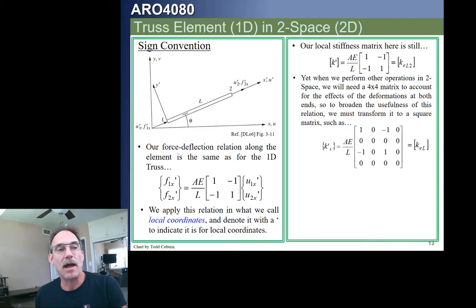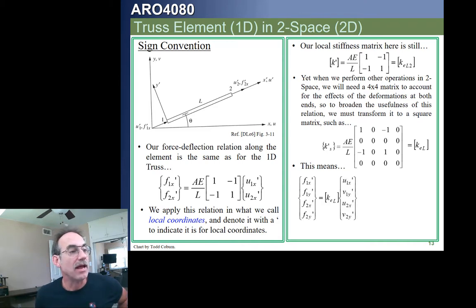When we're using the 4x4 matrix for 2 space, we're going to call it K sub E L, with no other subscript, because that's the one we're going to need for two-dimensional analysis, okay? So this means we can write our original relation, instead of just f1 x prime, f2 x prime, we'd have f1 x prime, f1 y prime, f2 x prime, f2 y prime. And that's going to be our local stiffness matrix times our local displacements.